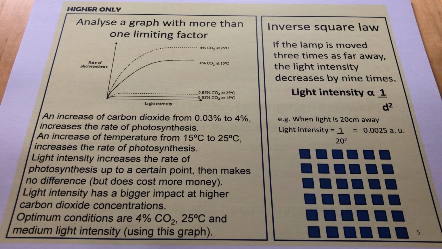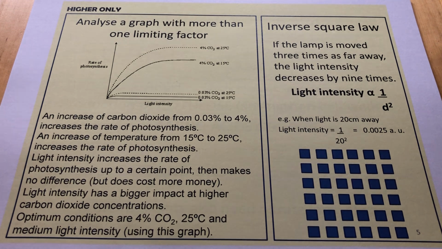Next, we've got the inverse square law, and I've put all these squares here to try and help us understand what's going on. If we move the lamp 3 times further away than it currently is, so imagine we've got our pondweed, we've got our lamp, and then we move the lamp 3 times further away, if we square 3, which is 9, the light intensity will decrease by 9 times.